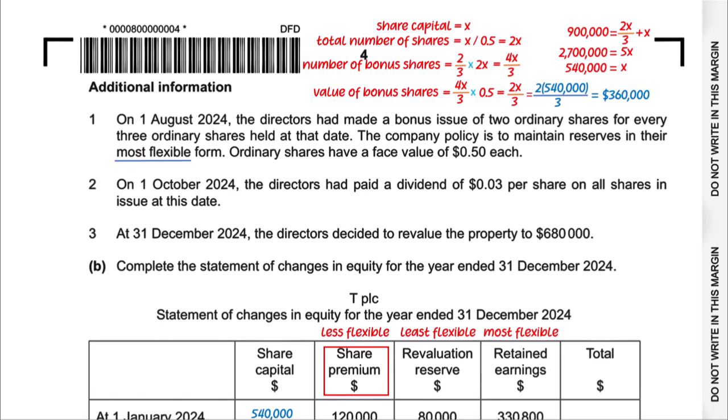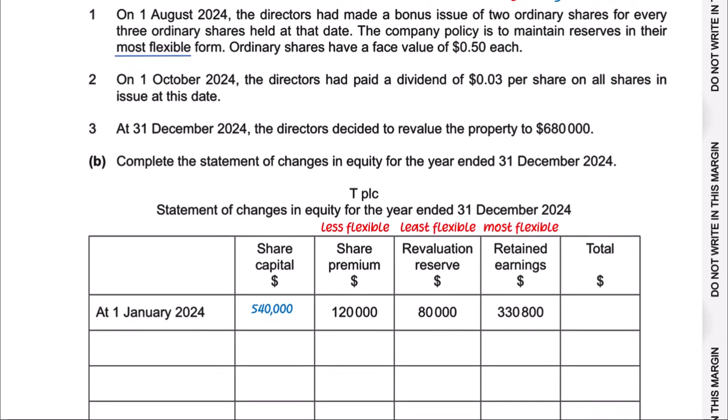Therefore, maintaining reserves in their most flexible form means first use only those reserves that are least flexible, so that the most flexible reserves like retained earnings are preserved for future distribution or general use. I hope this point is clear now.